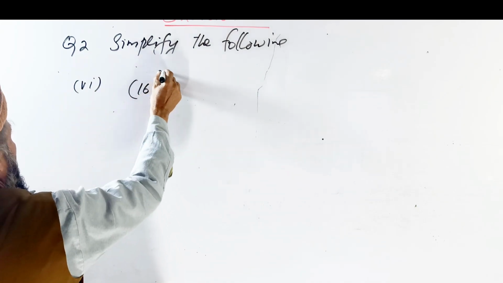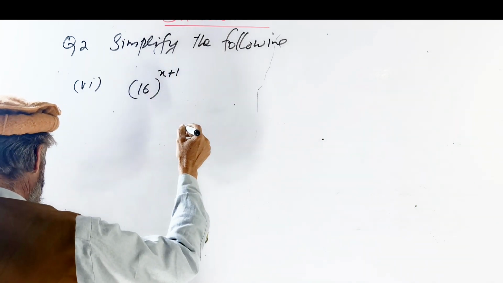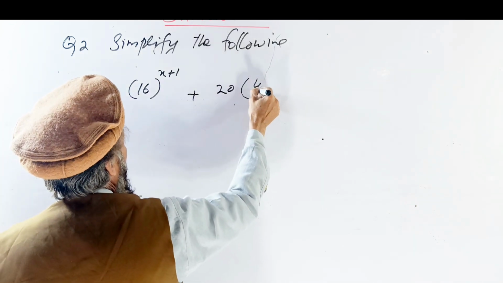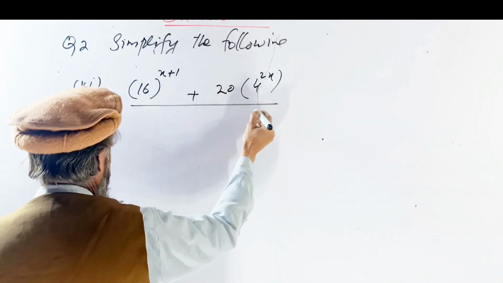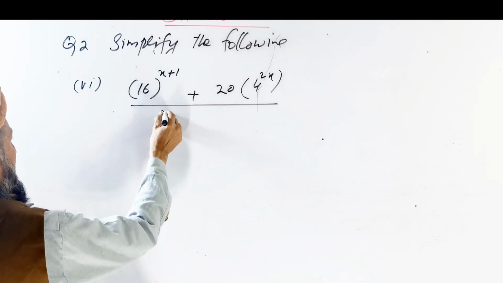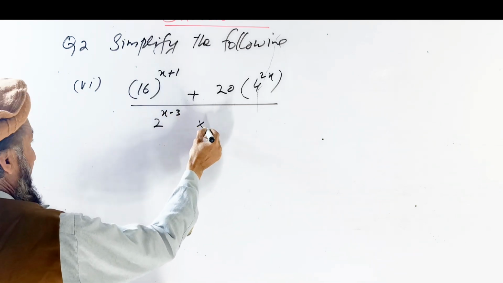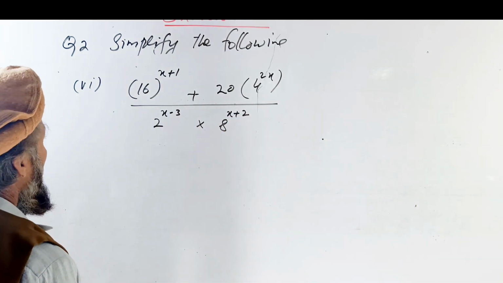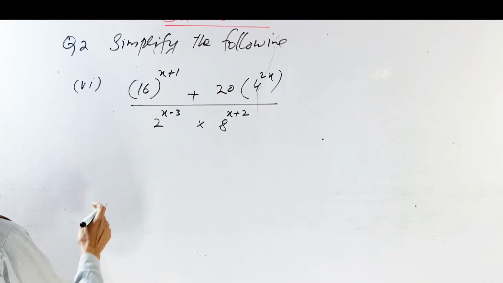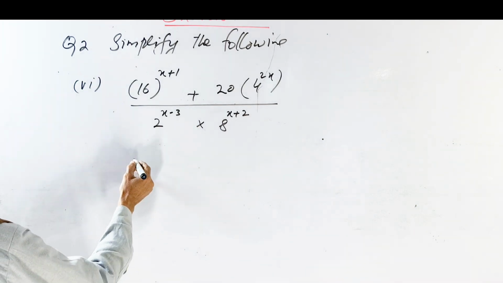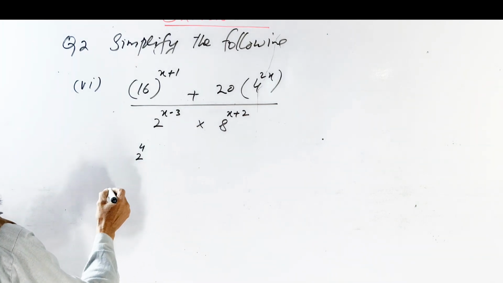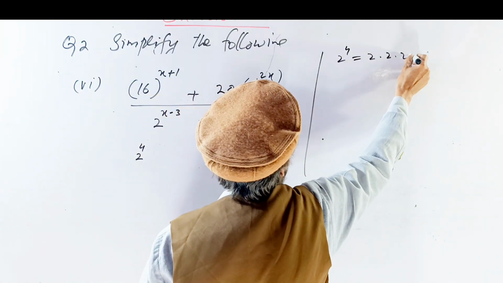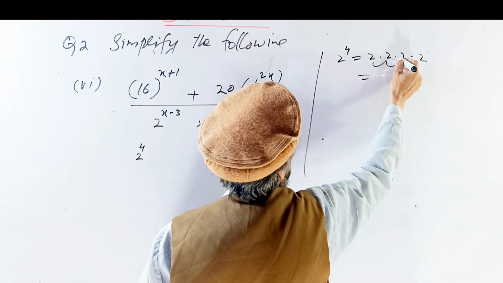The next expression is 16 whole power x plus 1, plus 24 power 2x divided by 2 power x minus 3 multiply 8^(x+2). Now look here, according to these values we can write 16 as 2 power 4: 2 into 2 into 2 into 2, we get 4, 8 and 16.